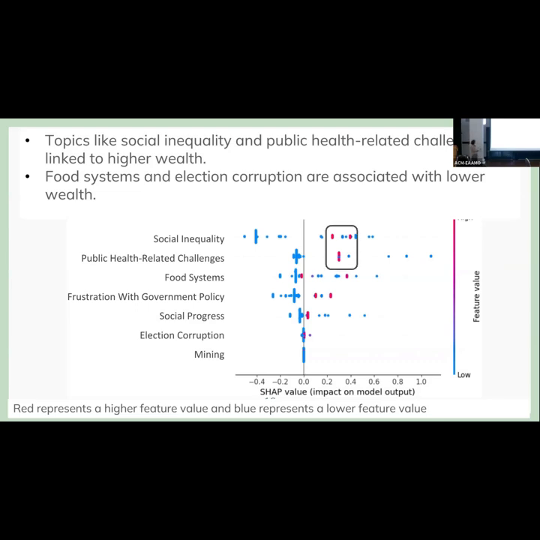On the other hand, the food system related topic, as well as election corruption related topics, are associated with lower wealth. So using this SHAP plot, we can see some interpretation of important features.